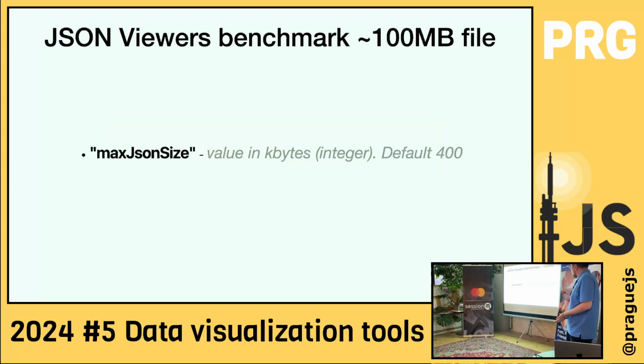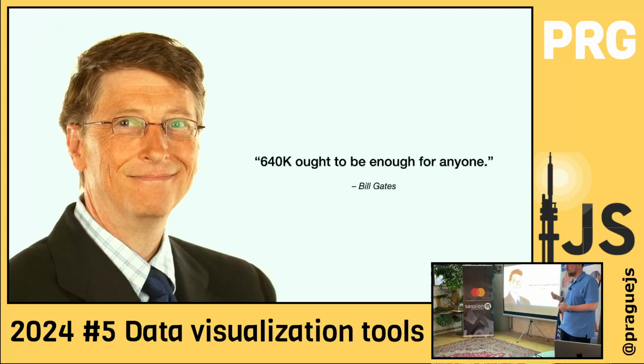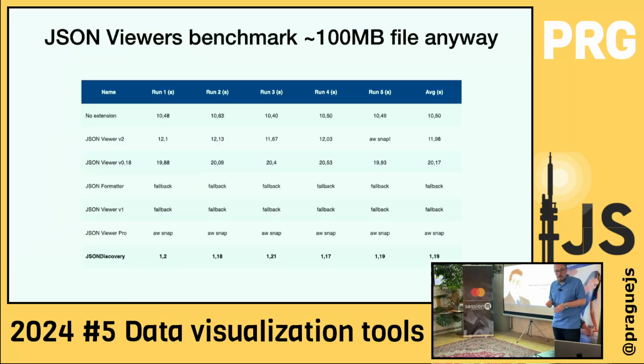And they say, hey, 400 kilobytes of JSON is enough for you. And that reminded me of something. Bill Gates was basically exaggerating a bit, because not 640, but 400 kilobytes will be enough for everybody.